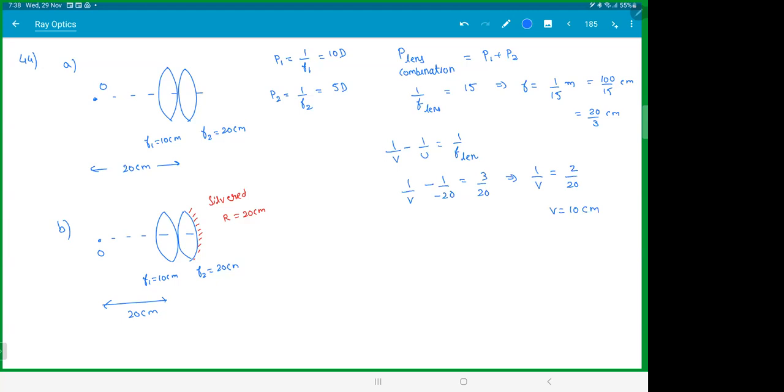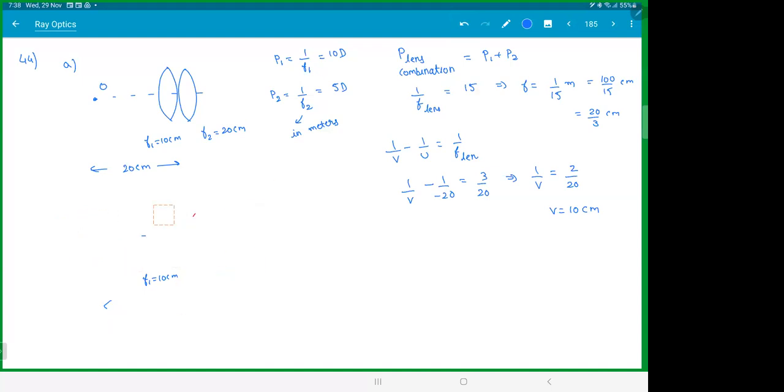So I found the focal length of each one. Remember, f1 and f2 should be in meters. So once you got the equivalent focal length, that will be equal to 1 by f equivalent. So you basically replace the entire thing with one single lens.